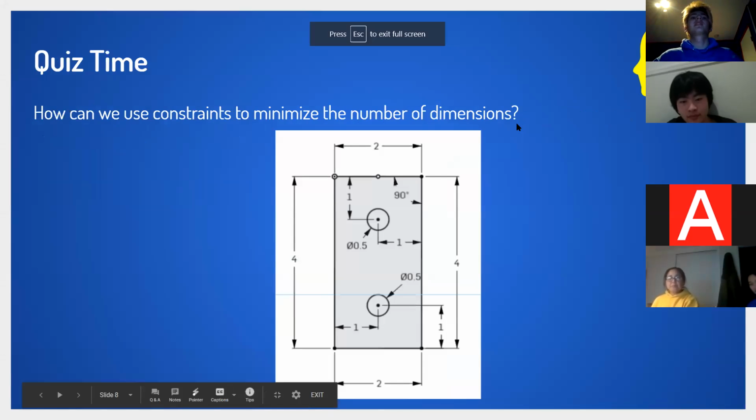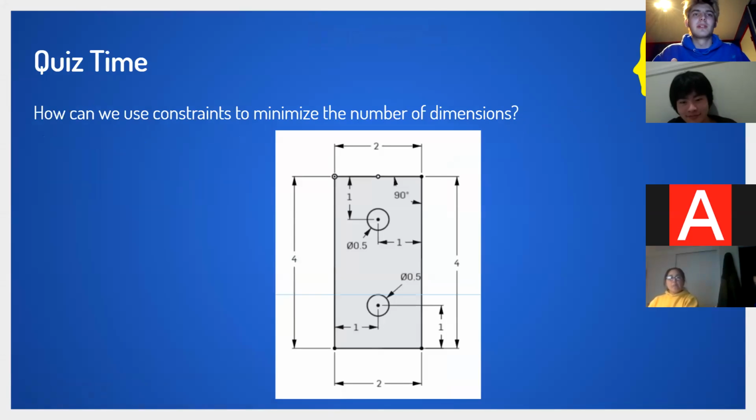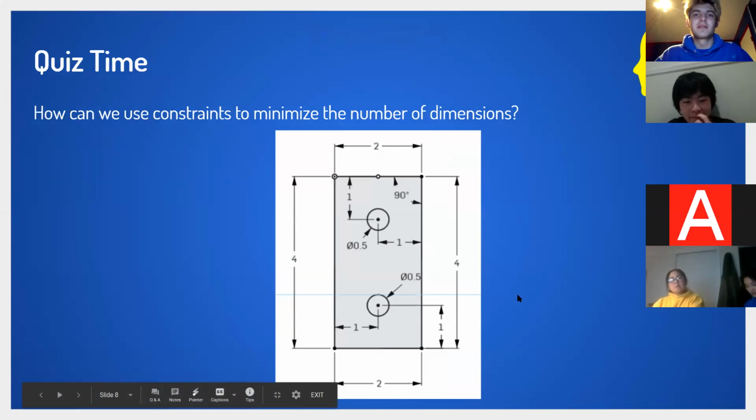Now it's time for a quiz. Remember when I told you that you want to keep the number of dimensions to a minimum? Well, how would you use constraints to minimize the number of dimensions in this CAD sketch that I've made here? So this is 4 lines, and it actually makes a rectangle.